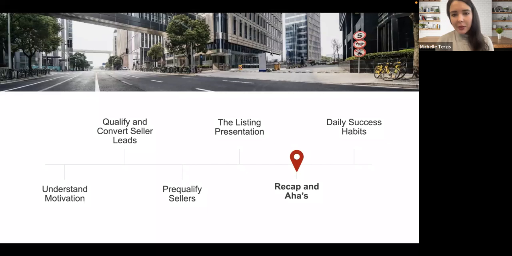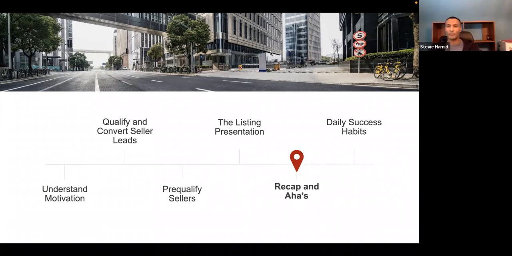So you can rely on your brokerage. I used to use the line, and I still do, I'm young and hungry and I have the time and I'm going to get you top dollar. It's not a situation where I have the family and I can only work certain hours. With me, you're getting full energy and I'm going to be relentless to sell your house. Yeah. Okay. That's something I would have said too.